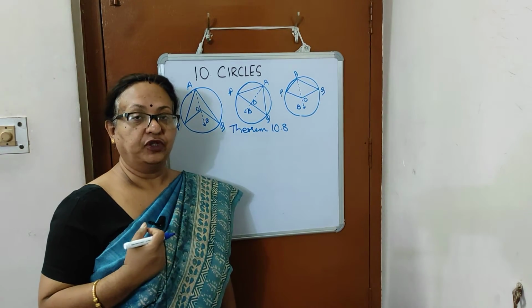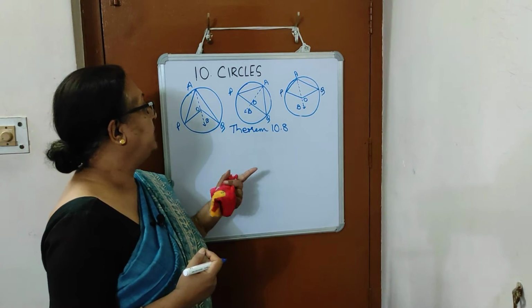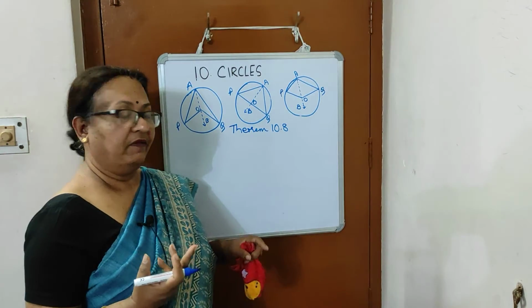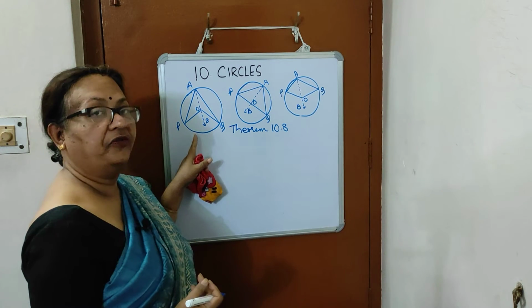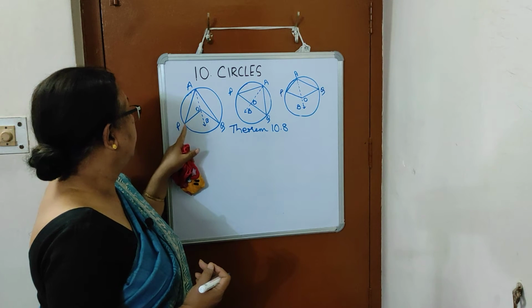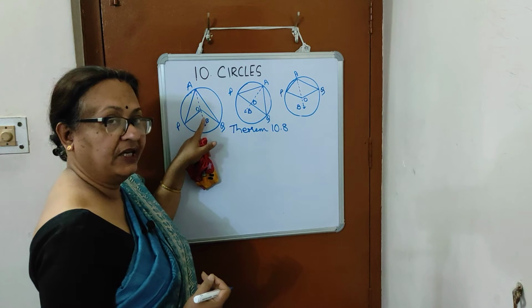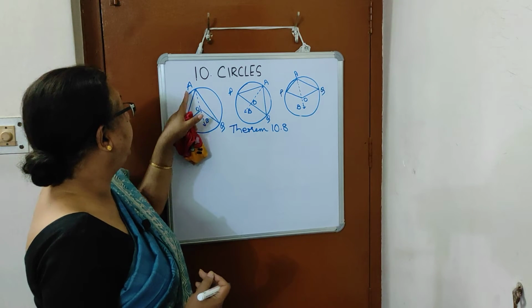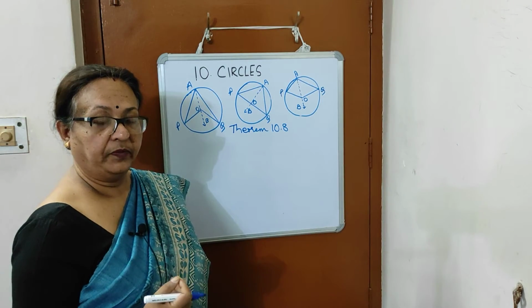So this is what we have to prove. Since it's a theorem, we first write given. So what is given to you children? An arc PQ of a circle with center O. The arc PQ makes angle POQ at the center and angle PAQ on the remaining part of the circle.